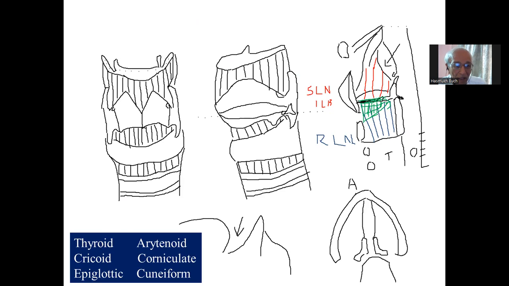Here is the hyoid bone, thyroid cartilage, cricoid cartilage, trachea. Similarly, in the profile, hyoid bone, thyroid cartilage, cricoid cartilage, and trachea.